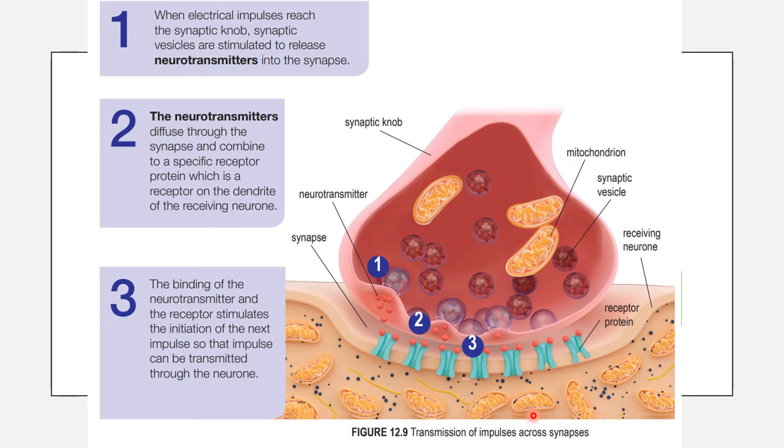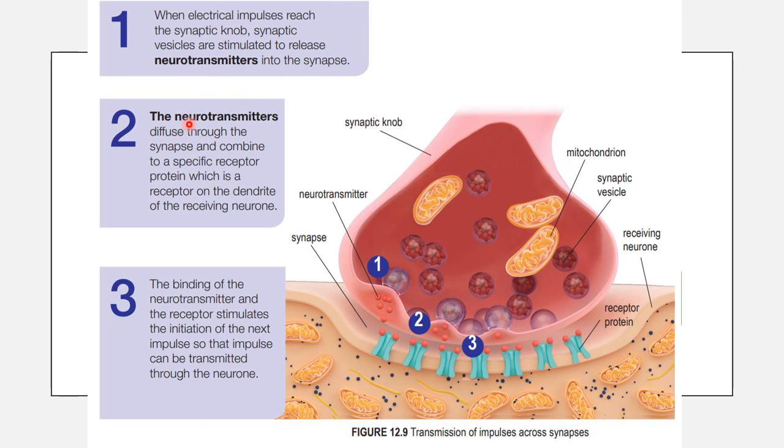This figure shows the transmission of impulses across synapses. So firstly, when electrical impulses reach synaptic node, synaptic vesicles are stimulated to release neurotransmitters into the synapse.